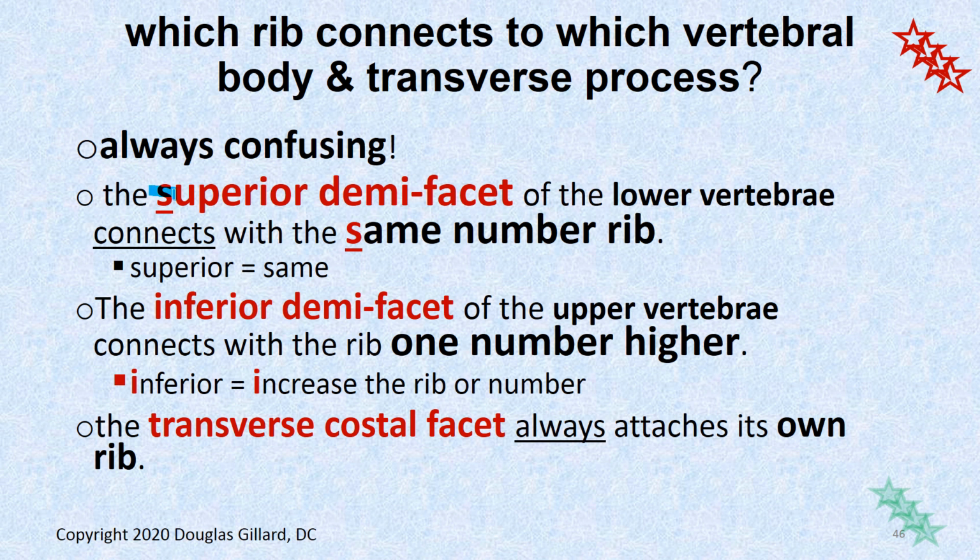Superior costal demifacet connects with the S for same number, right? So I just explained that to you. Inferior costal demifacet, let me actually make a number. Probably should put costal back in there on slide 46. Head costo.